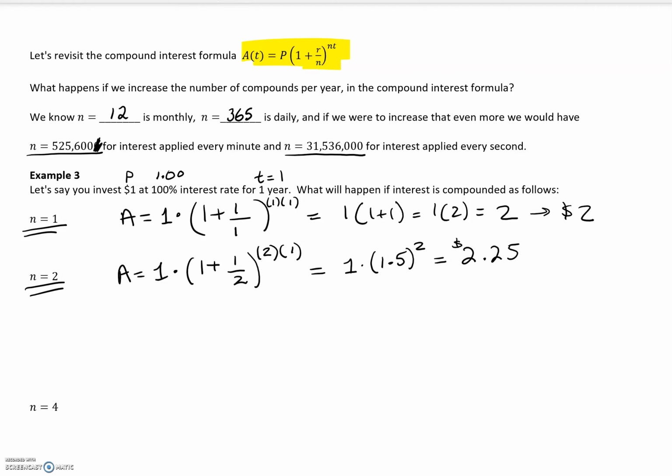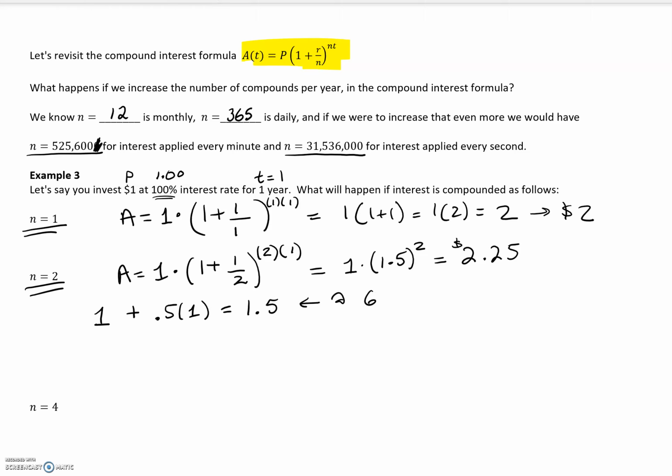So if interest is applied semi-annually, meaning twice a year, your $1 is actually going to get not only doubled, but you're going to get a quarter more. And if you're not using the formula and just think it through, you have $1, and if 100% interest is applied twice a year, you'll get 50% of that dollar at the end of 6 months, which will give you 1.5.